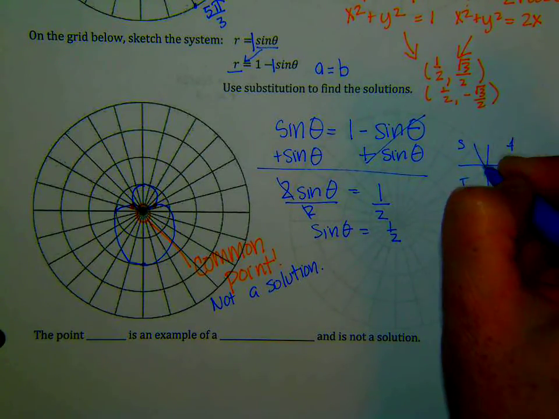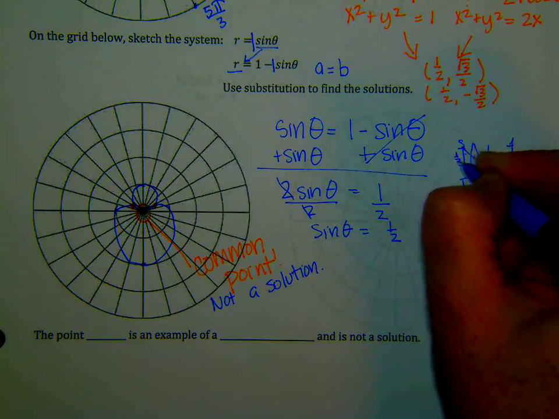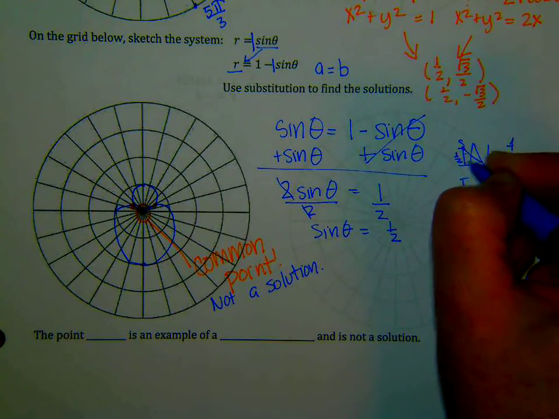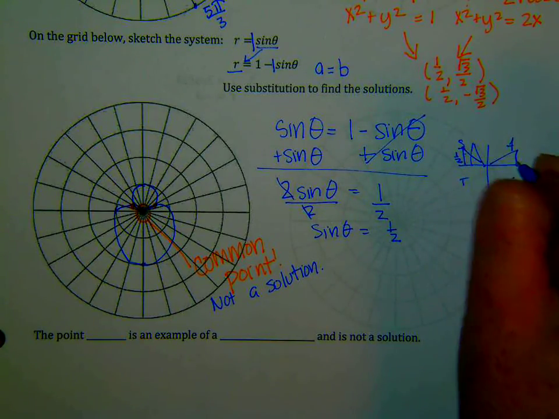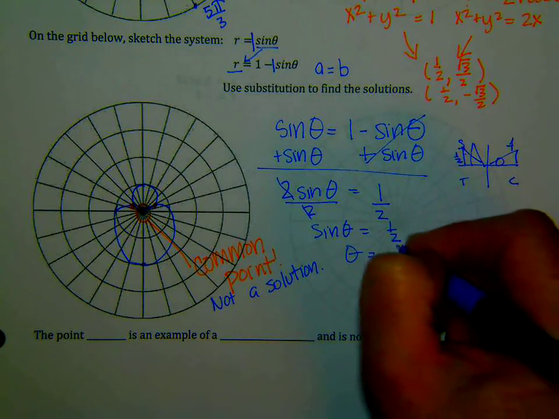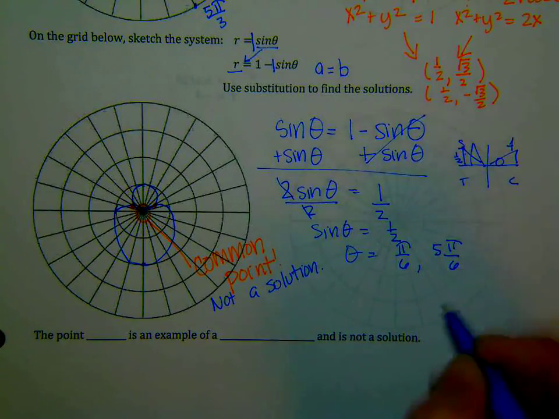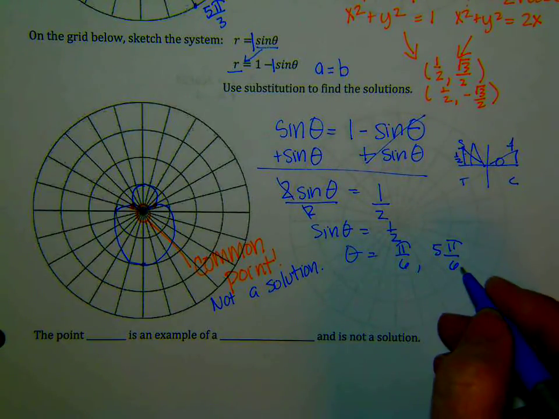The sine is 1/2 for 30 degrees, so theta is pi over 6 and 5 pi over 6. So that is the correct value of theta.